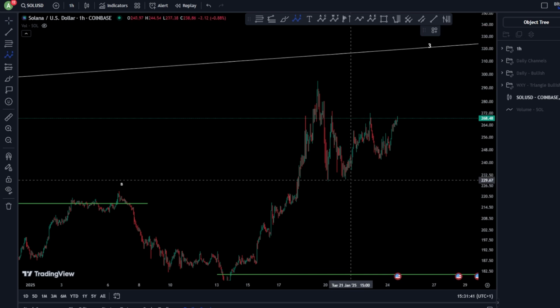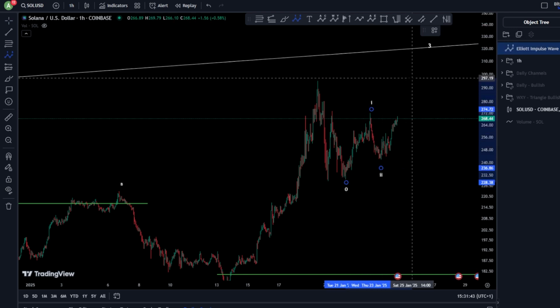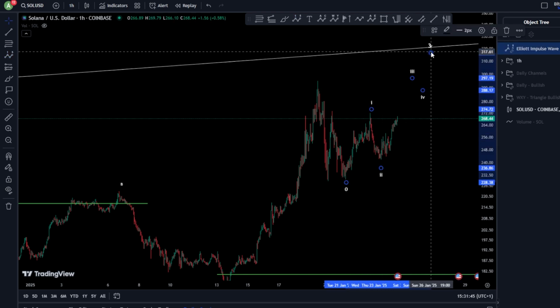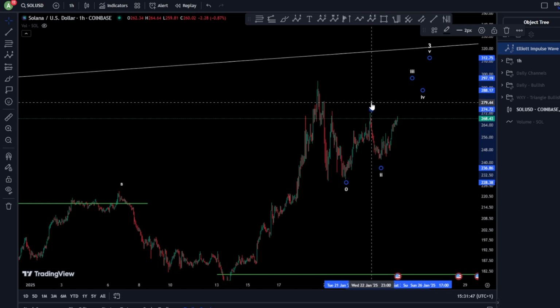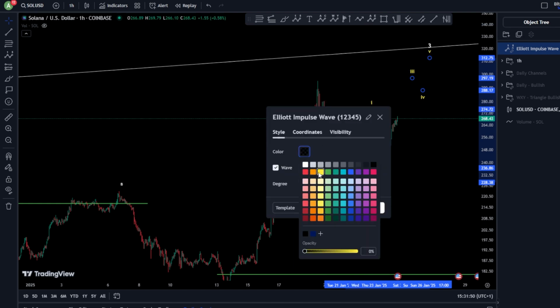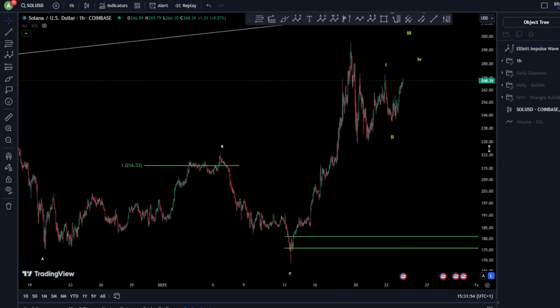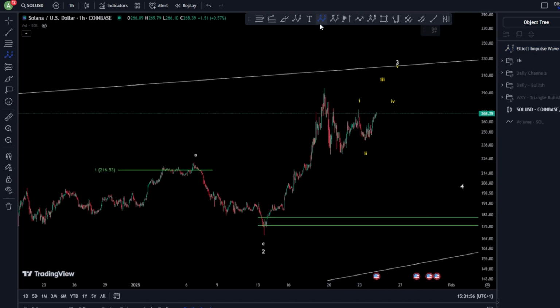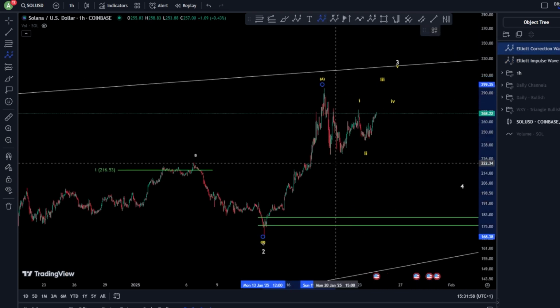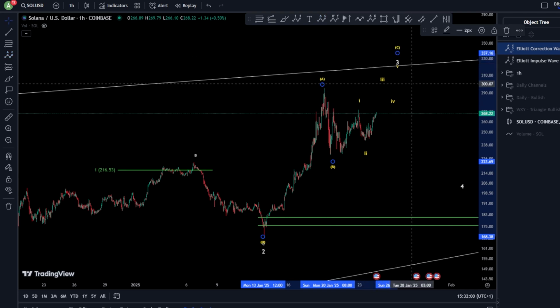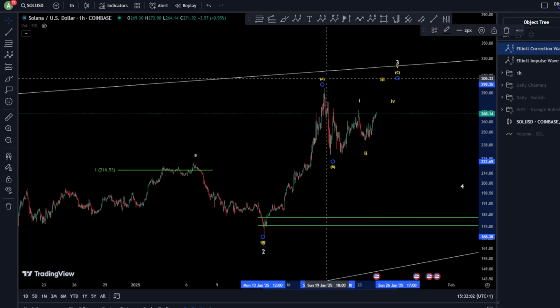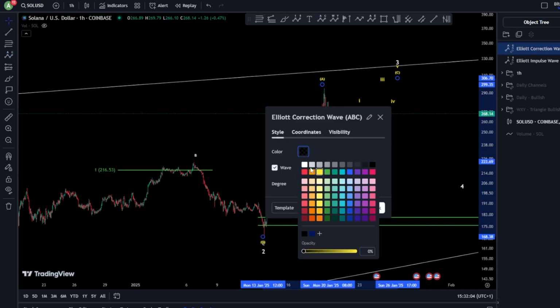So let's mark this as a 1, 2, and then 3, 4, 5 to finish a wave 3 at the top here. I'm going to put this in a different label. Here we go. In that case, we are finishing at the same time an A, B, and a C, for this scenario where you would like to see a zigzag.